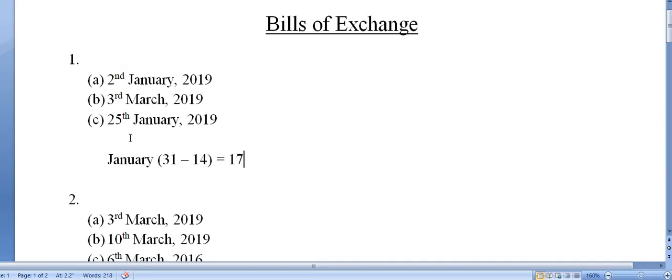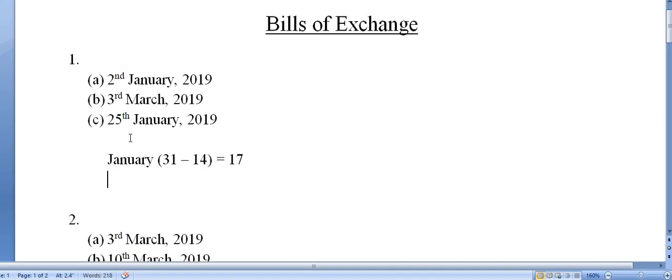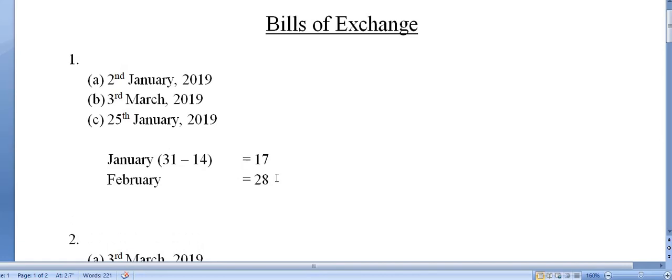And 2019 is a non-leap year. So February has how many days? 28 days. So 17 plus 28, how much will it be? It will be exactly 45 days.